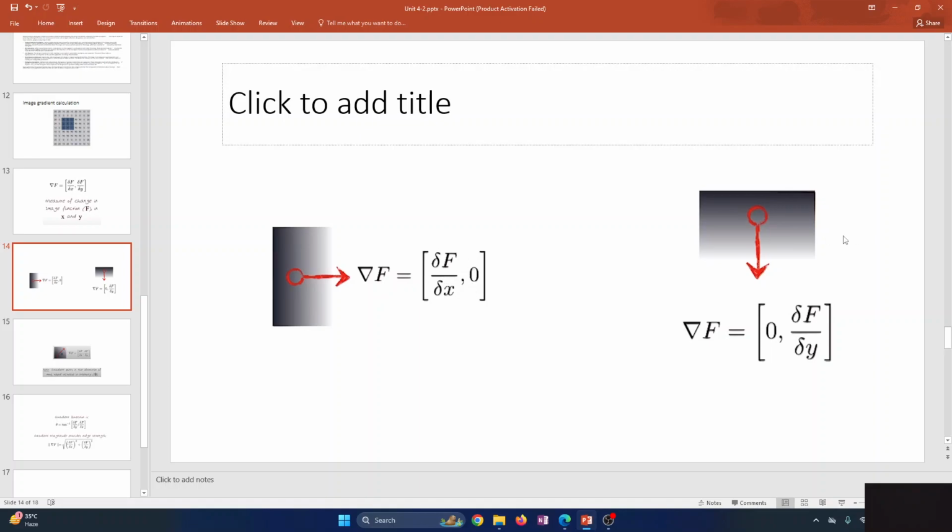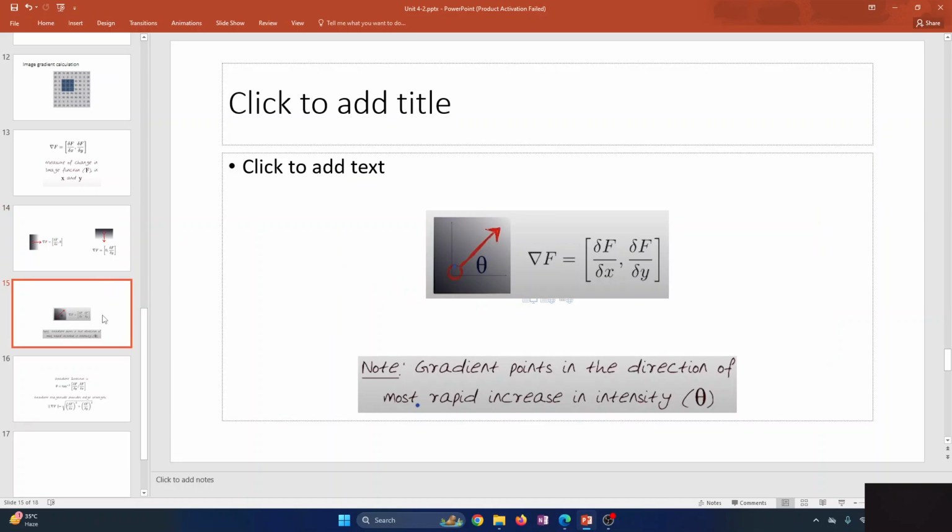Likewise, if we are seeing the change in the y direction, the x portion will be 0. This is how we calculate the gradient. And if we are considering both the x and y directions, we have to consider them both.